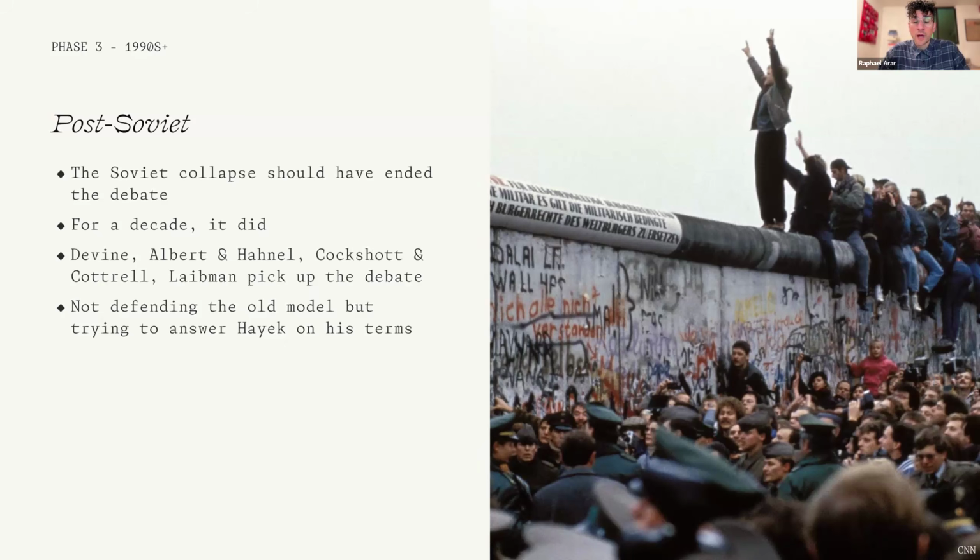So Robin Hahnel again, who's one of the model makers, calls them the Big Four, and they really arose at this time. There's the model from Pat Devine called negotiated coordination, the participatory economics model from Michael Albert and Robin Hahnel, the model in the book Towards a New Socialism, which is often colloquially called the cyber communist model, from Paul Cockshott and Alan Cottrell.